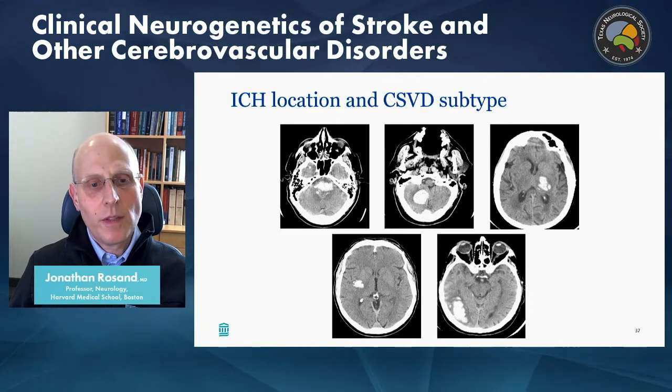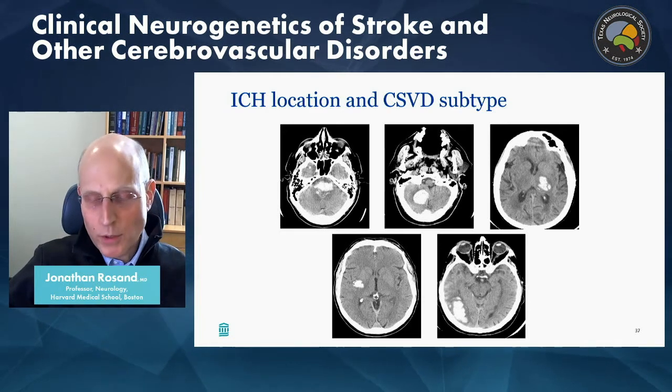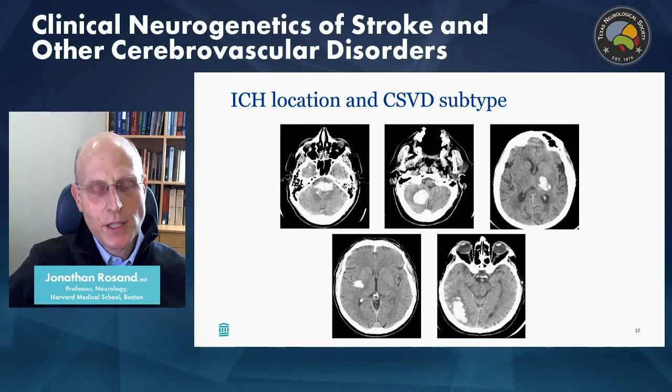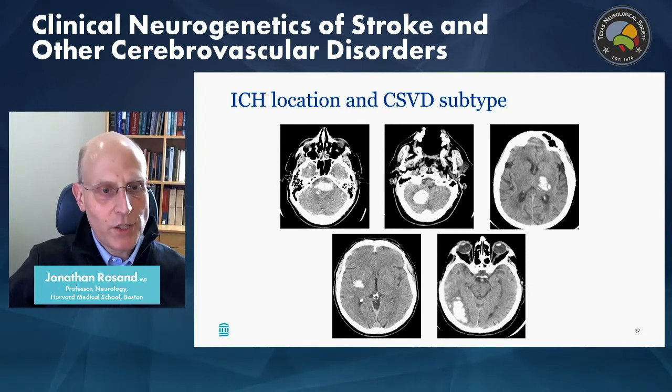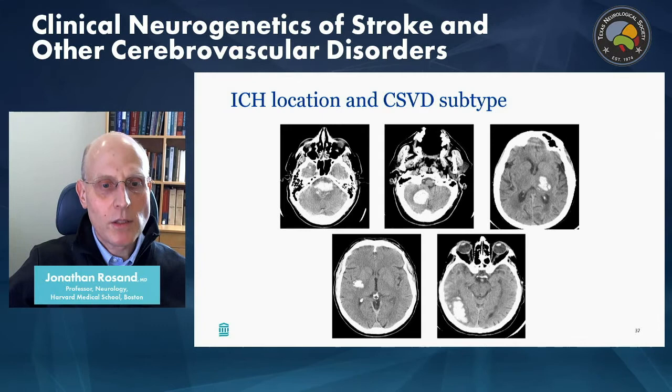And then if, on the other hand, the hemorrhage is at the cortical subcortical junction, the lobar brain regions, then we tend to think of amyloid angiopathy, although we certainly know that arteriolosclerosis can be associated with hemorrhage in those regions.